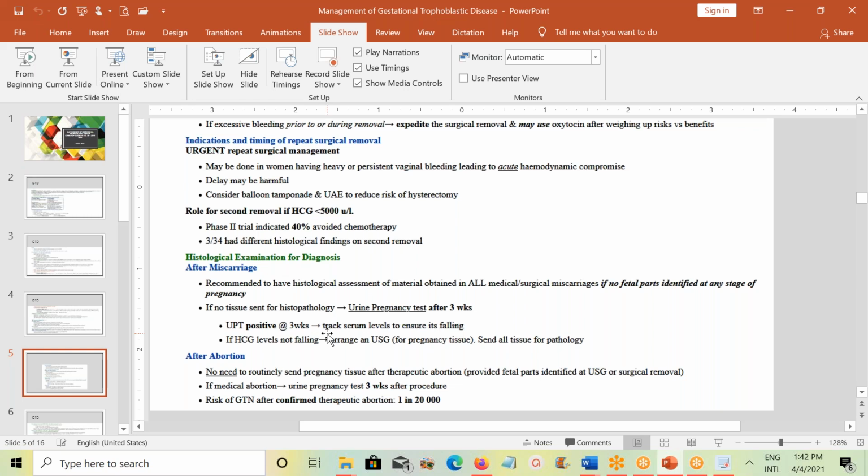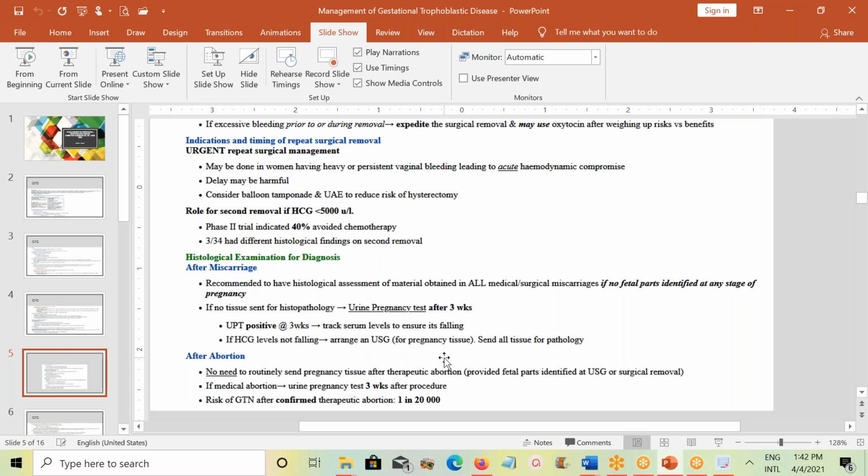Then you carried out the second evacuation, and the histological analysis showed that this is a partial molar pregnancy. So you can imagine how important it can be. Like 3 in 34 patients in a trial had different findings on second removal. That's an SBA question. So is it clear now?